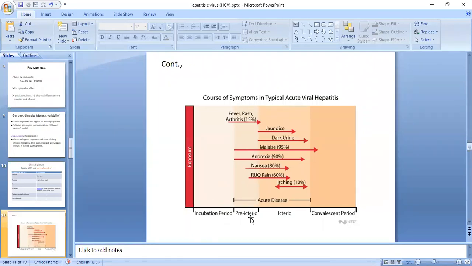Then comes the pre-icteric phase, then the icteric phase, and ultimately the patient goes into the convalescent period. So the different phases are: prodromal phase, pre-icteric phase, icteric phase, and convalescent phase.